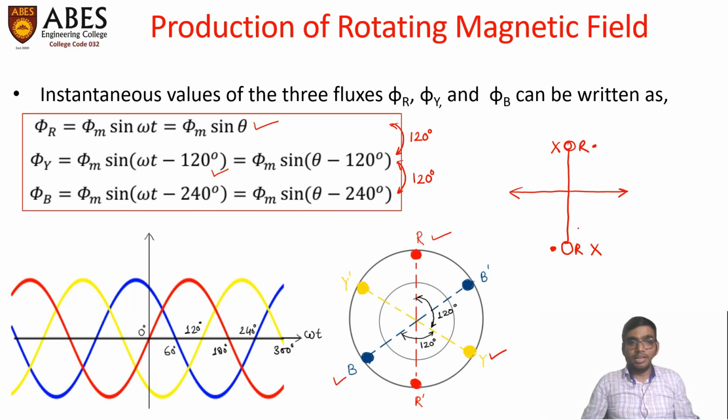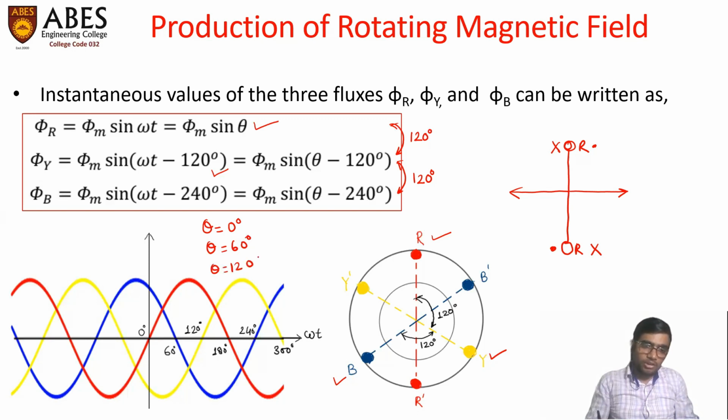We will determine the nature of the rotating magnetic field by considering the response at three different instants. That means we will analyze the resultant magnetic field at theta equal to 0 degree, theta equal to 60 degree, and theta equal to 120 degree.